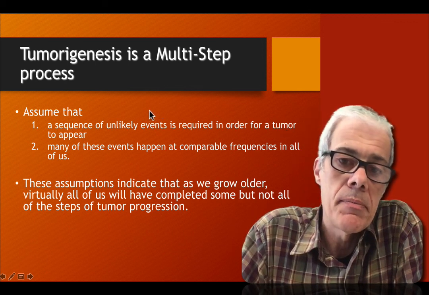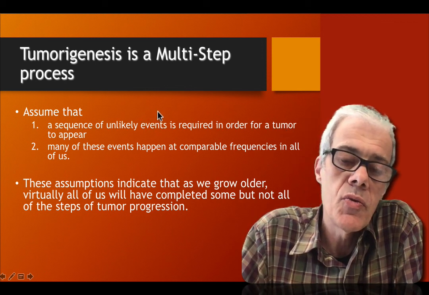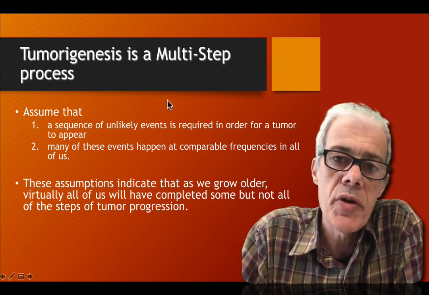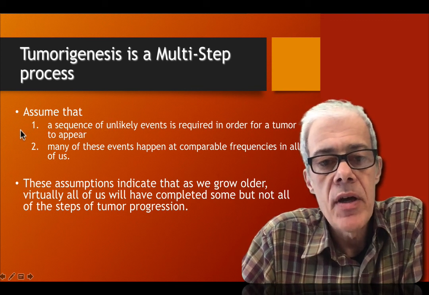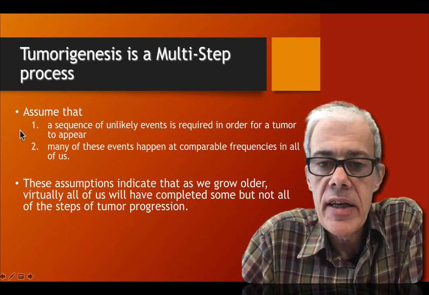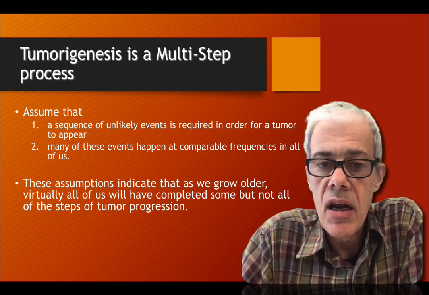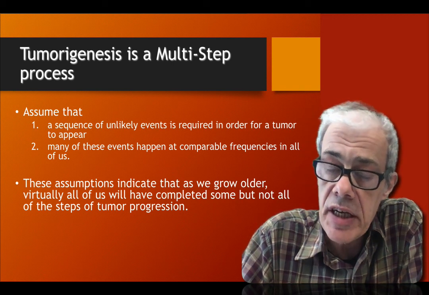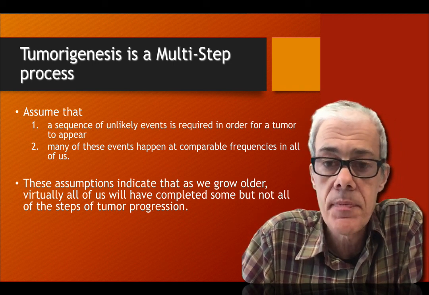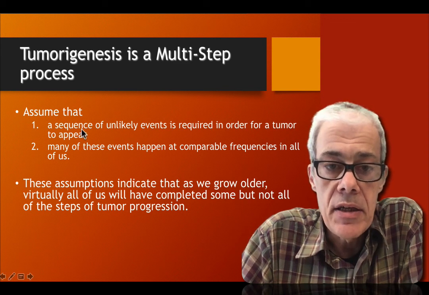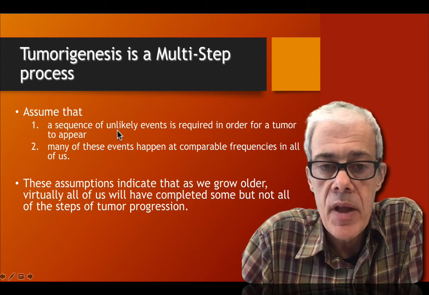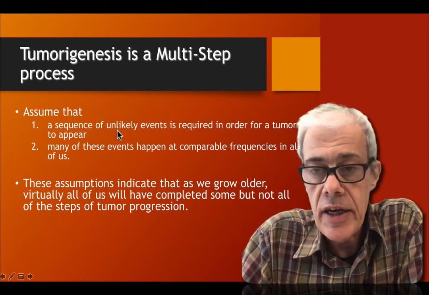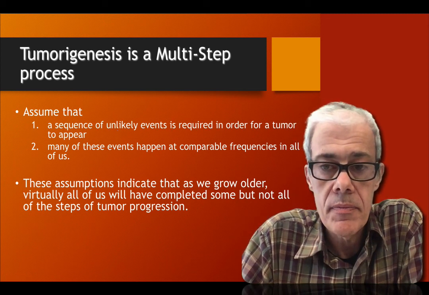So just to reiterate, when we're talking about this multi-step process, we're assuming that there's a sequence of unlikely events, meaning unlikely genetic mutations in key genes within the cells, and the build-up of these unlikely events leads to tumor formation.